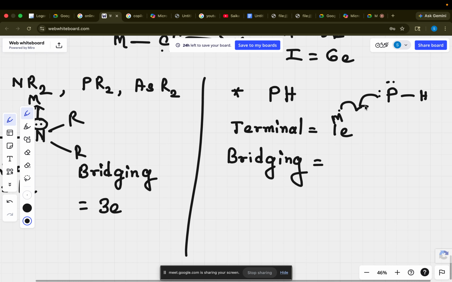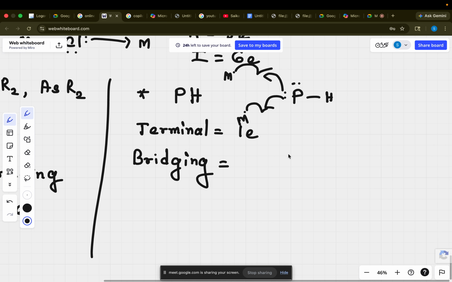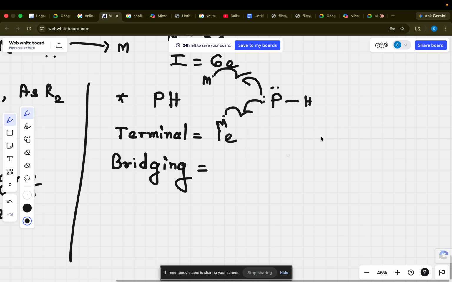Now see, this odd electron can also donate to the other metal center. That is also possible. For terminal you will get a structure like this: metal is there, hydrogen is there, 2 electrons left, 1 electron left, 3 electrons left.